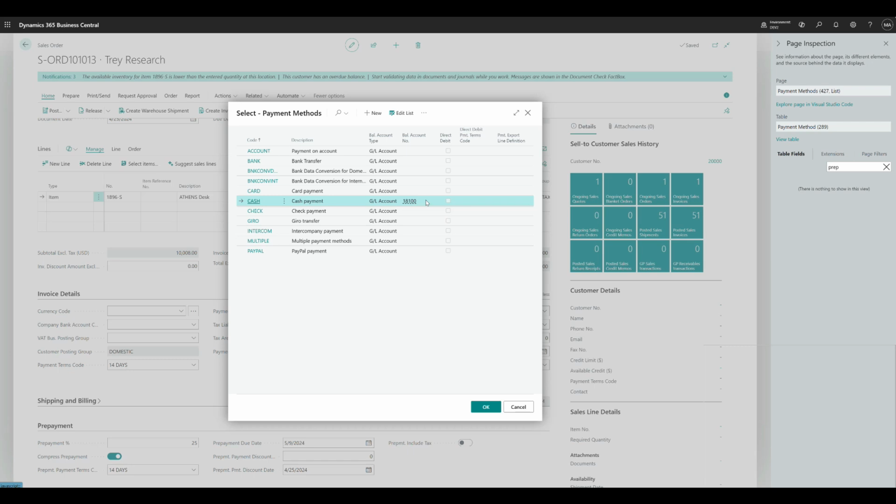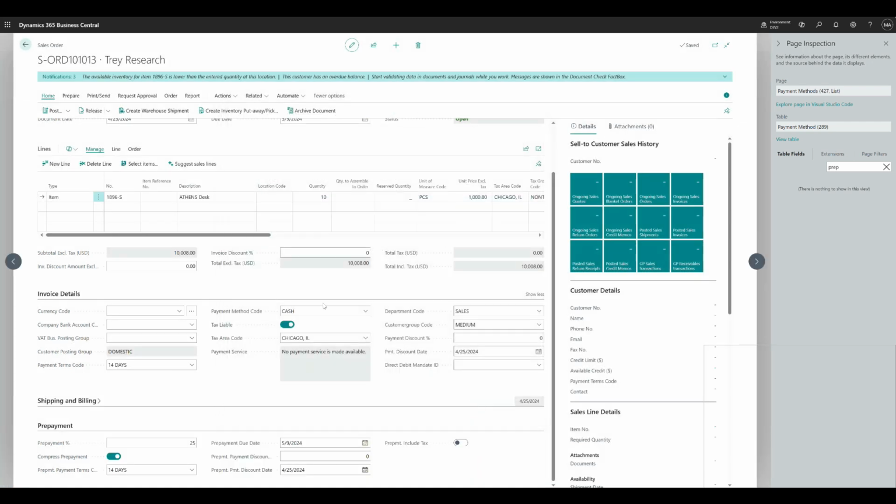You can always create your own. If the customer is paying with a credit card, you can set up the bank account that's connected to the credit card, and you can use this payment method code here.